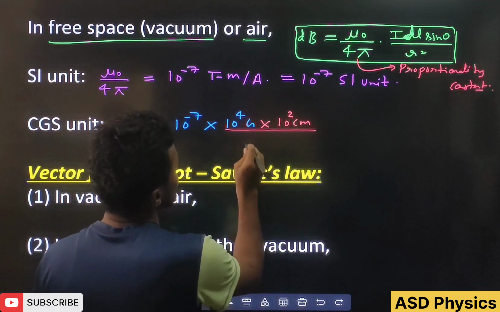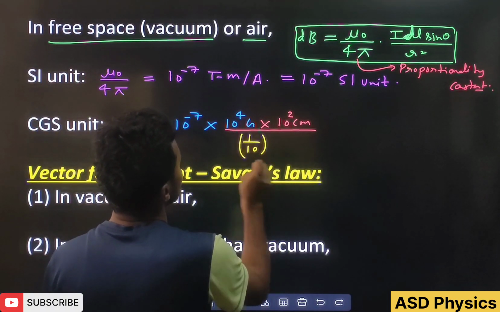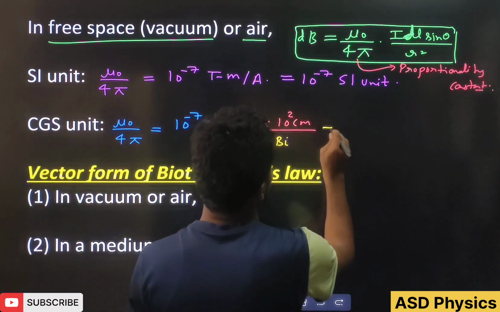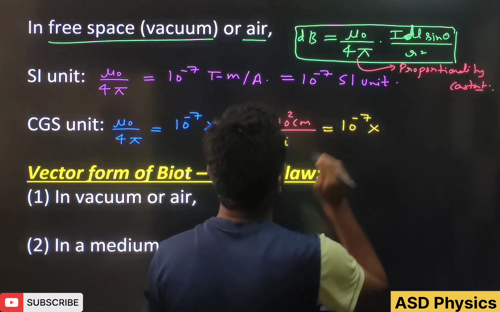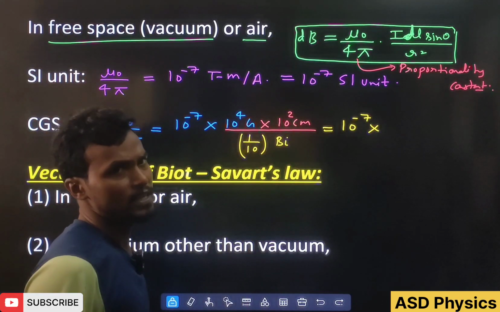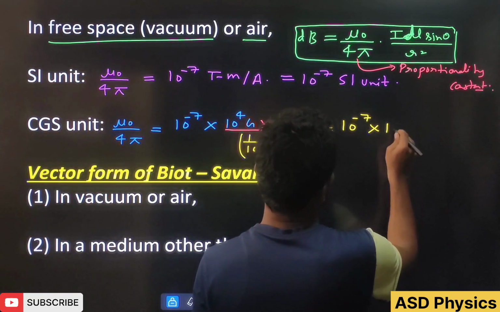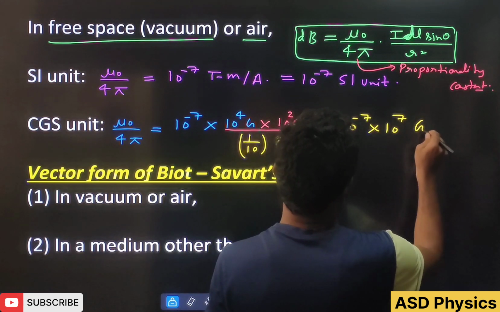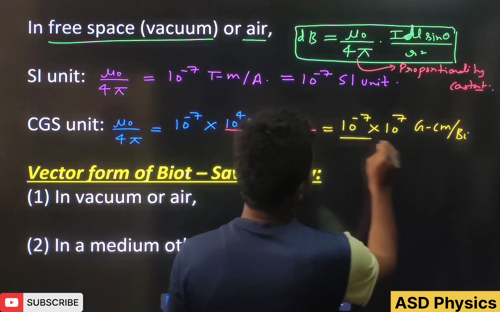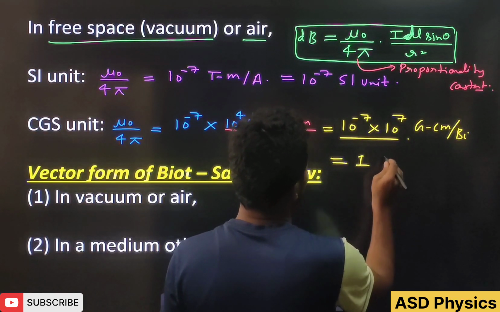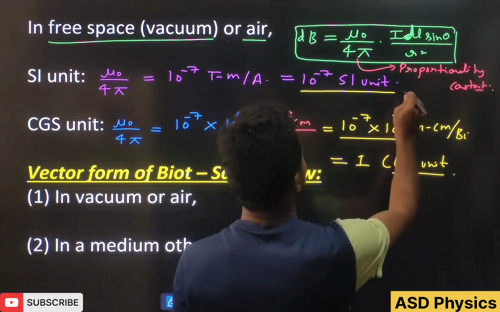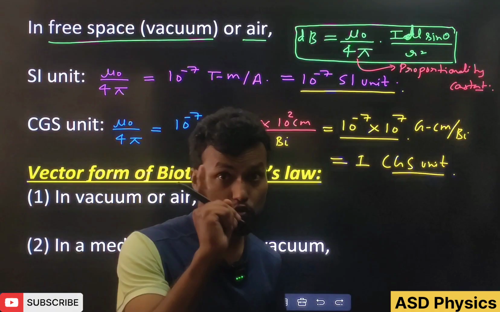Ampere means 1 by 10 Biot. So when this 10 goes in the numerator, we get 10 to the power minus 7 into 10 to the power 4 plus 2, which is 6, plus 1, which is 7. So it is 10 to the power minus 7 into 10 to the power 7 Gauss centimeter by Biot. When you simplify this, it comes to 1 CGS unit. Or we can say 10 to the power minus 7 SI unit, or just 1 CGS unit.